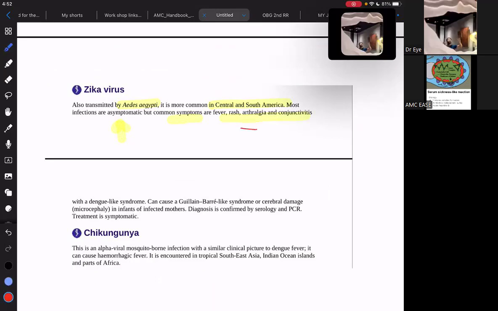Please remember this arthralgia, and conjunctivitis also, with a dengue-like syndrome. It can result in Guillain-Barré like syndrome. What is the other? This is a virus, and there is one bacteria which can result in GBS. That is your Campylobacter jejuni.